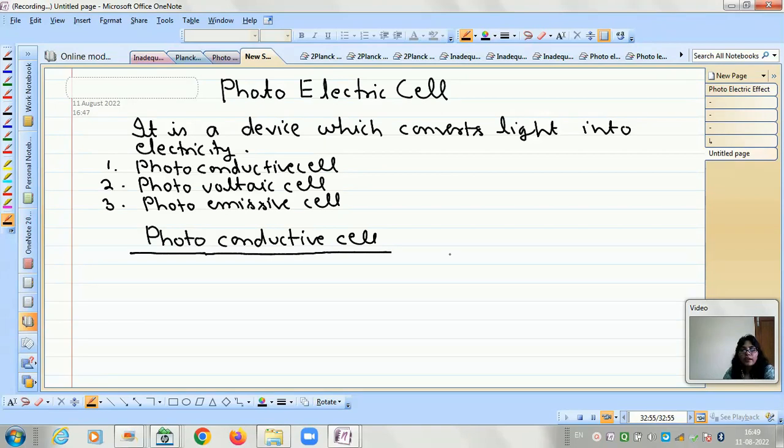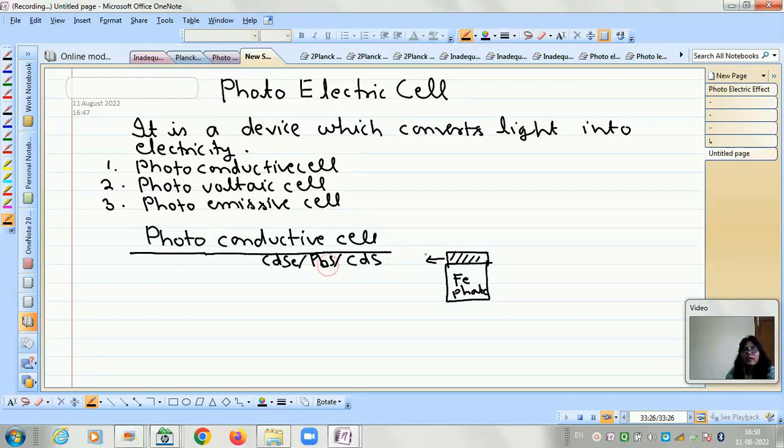So in this diagram there is an iron plate, and above the iron plate there is a coating of certain material, and that material may be cadmium sulfide, or it may be lead sulfide, or it may be cadmium selenide.